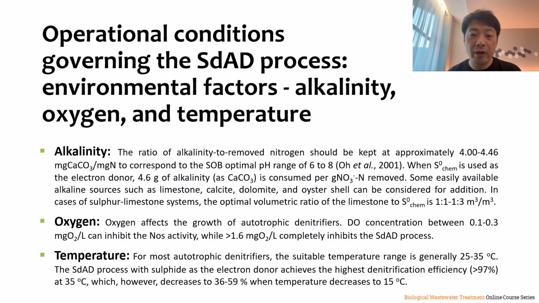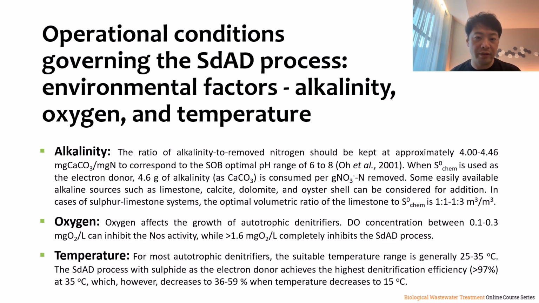Once the DO concentration is between 0.1 to 0.3 milligram oxygen per liter, there is already some inhibition on NOS activities. Well, if the oxygen concentration is larger than 1.6 milligram per liter, there will be complete inhibition of sulfur-driven autotrophic denitrification.